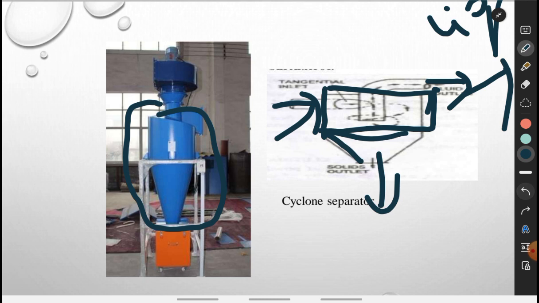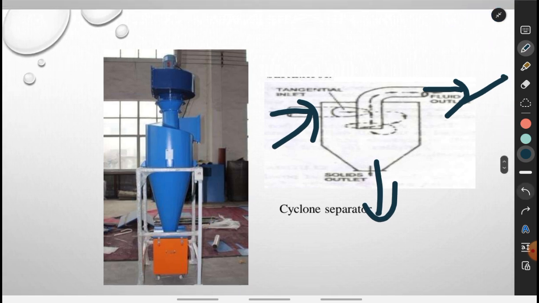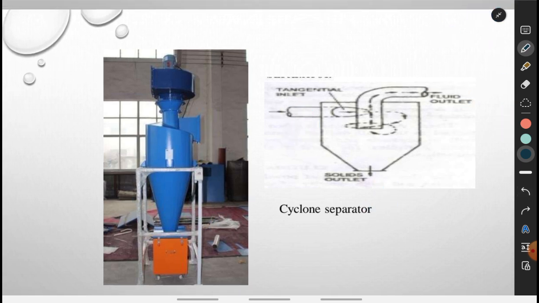Next, a tangential inlet is given in the upper part of the vessel. You can see here the tangential inlet. It is from the back side of the cylindrical vessel, so it is known as the tangential inlet.